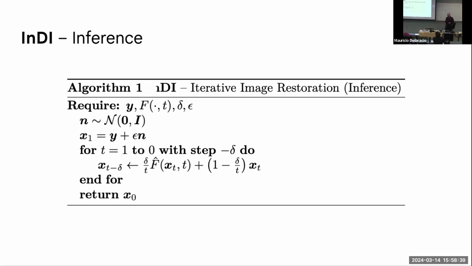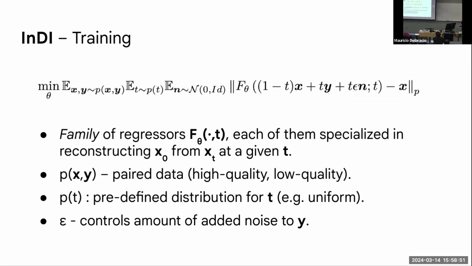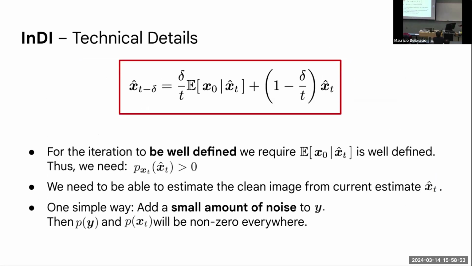Yes? Why is there a need for adding that noise? Because in the original diffusion model, they added noise because they want to transform from the image distribution to noise. But here, you already have two distributions. So the thing is, in order for this to be well defined, imagine that you're doing super resolution and your Y actually lives in a lower dimensional space.